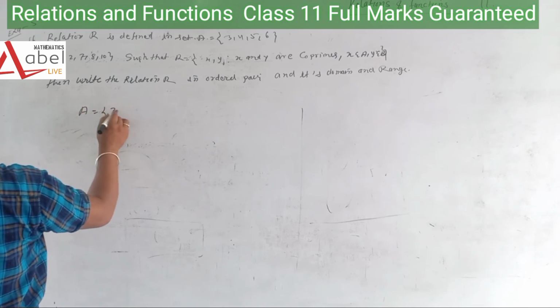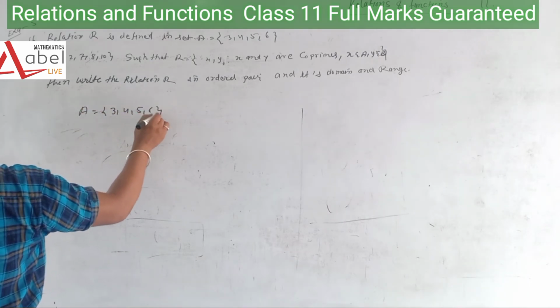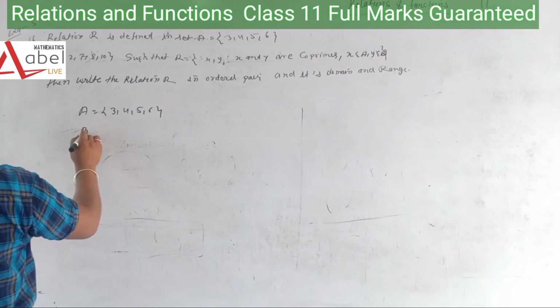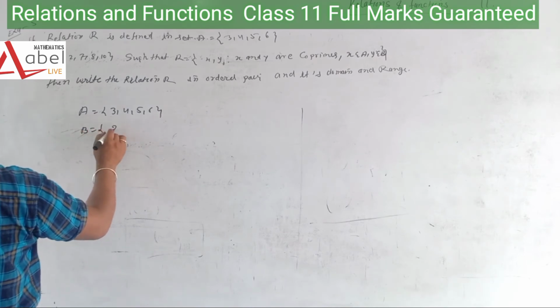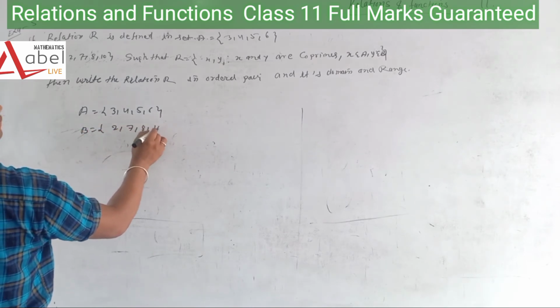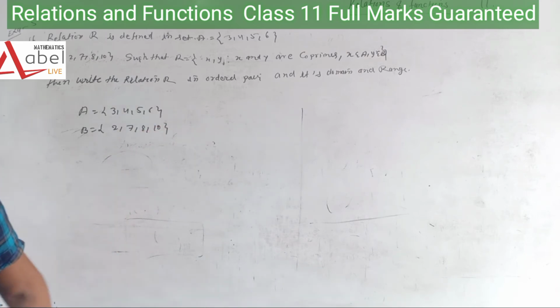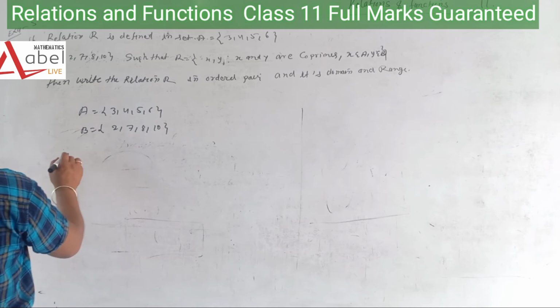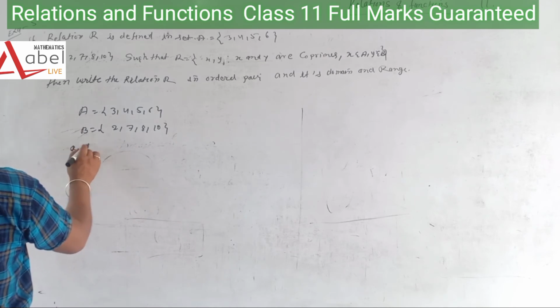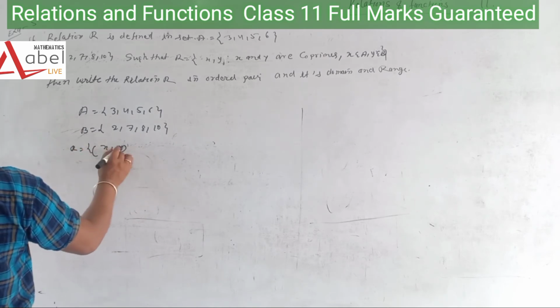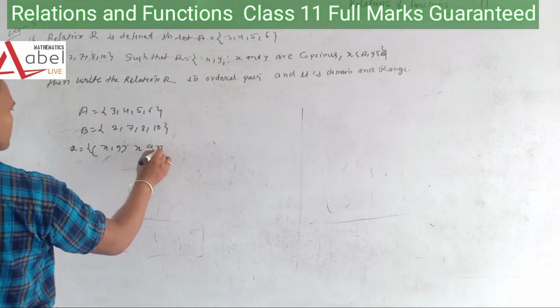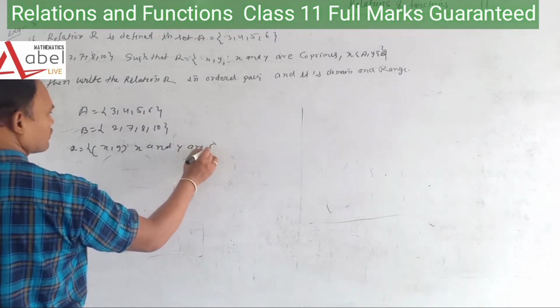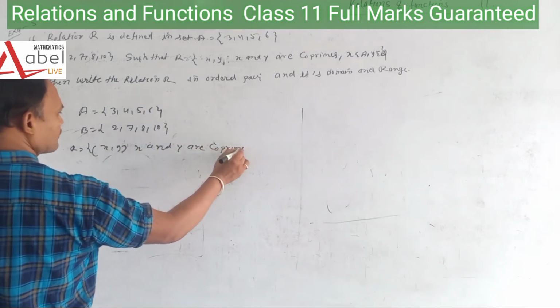A equals 3, 4, 5, 6 is given. And B is 2, 7, 8, 10. It is also given. R is the set of (x, y) where x and y are co-prime.